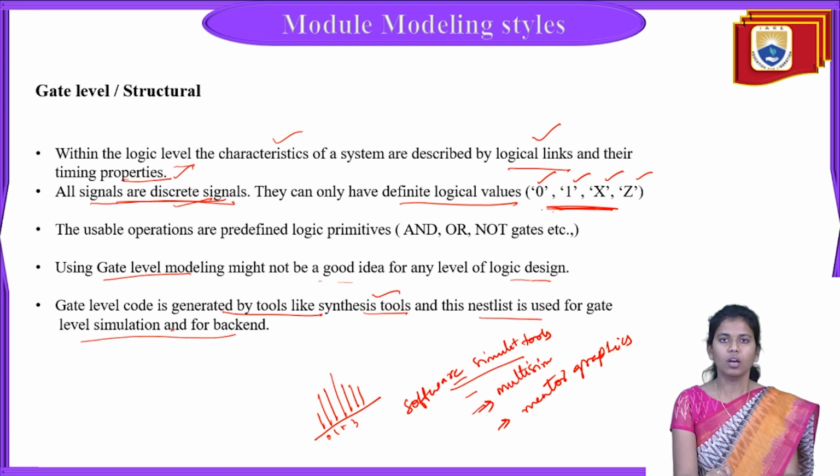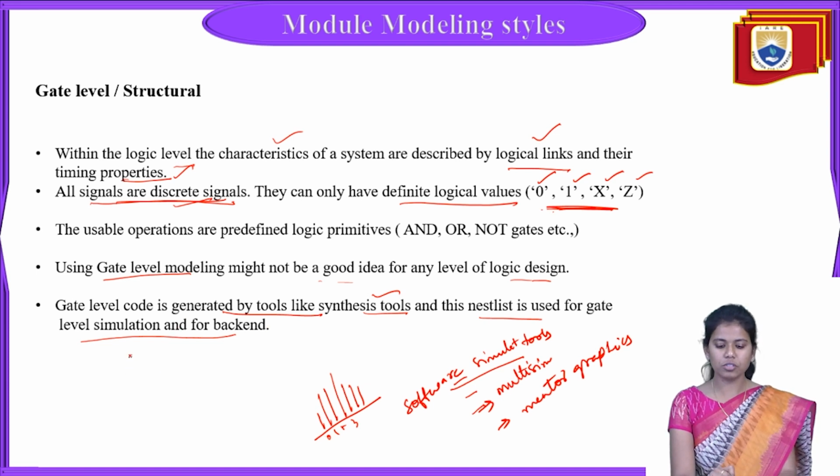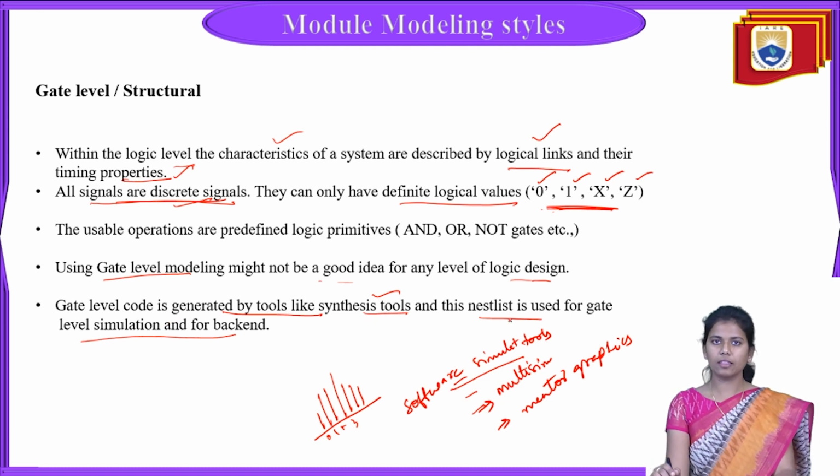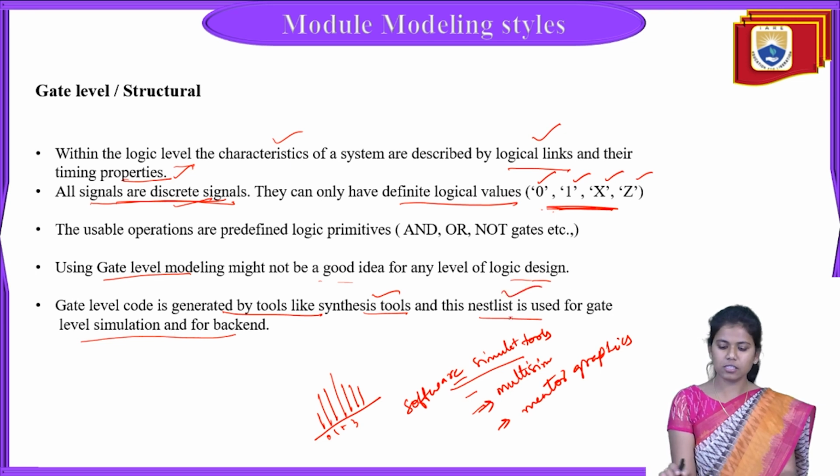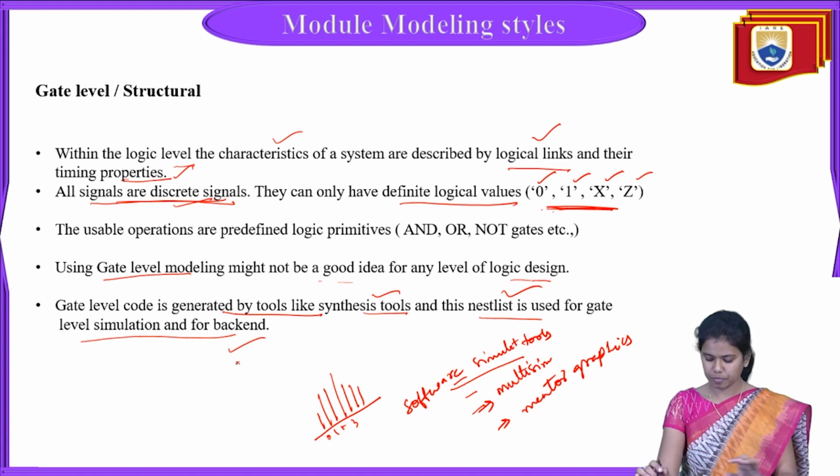So in order to synthesize and simulate this gate level code, we have the synthesis tools, and those synthesis tools produce the netlist, and the netlist is used for gate level simulation for the backend process.